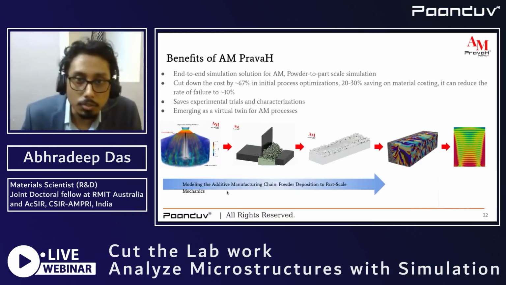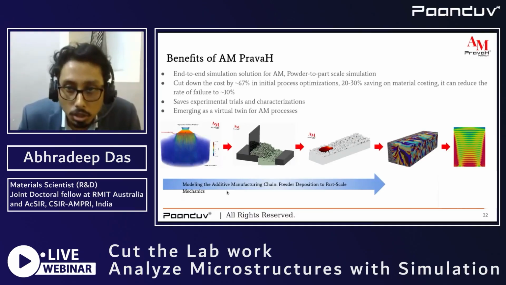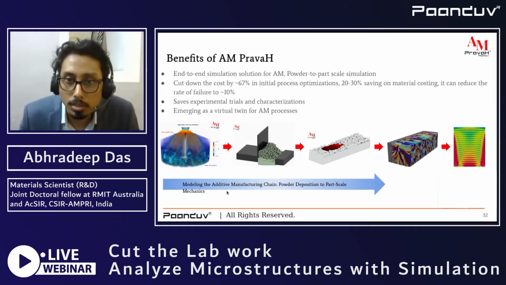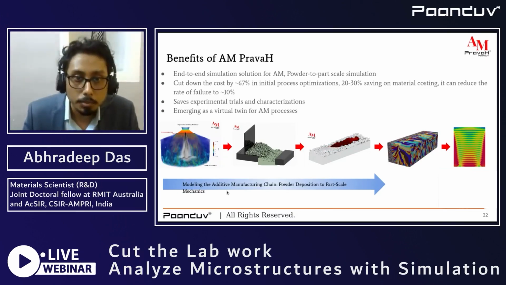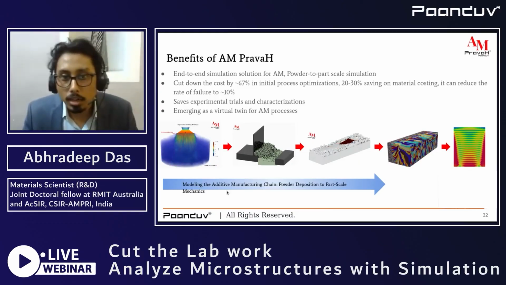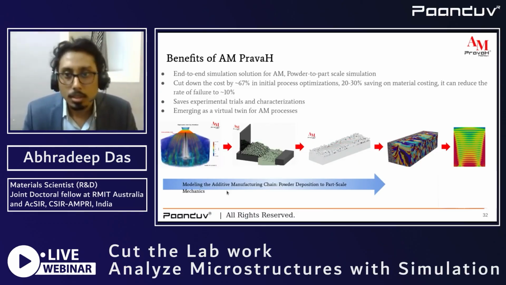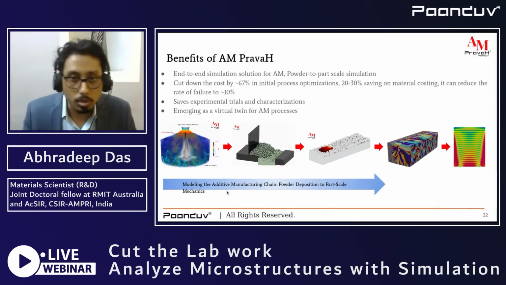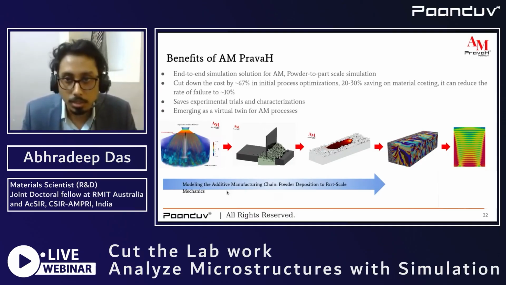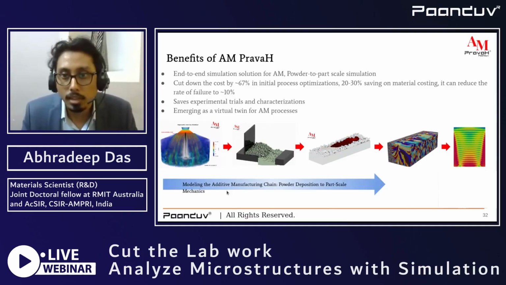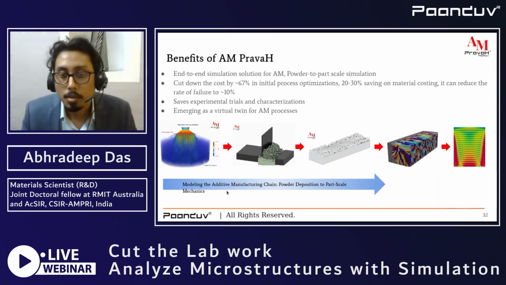Other benefits of AM PravaH include that it provides an end-to-end solution for the additive manufacturing process, covering powder to part scale simulation. We can cut down the cost fundamentally by around 67%, considering the initial process optimizations and other aspects that cover repeated trials and errors, industrially and in research.